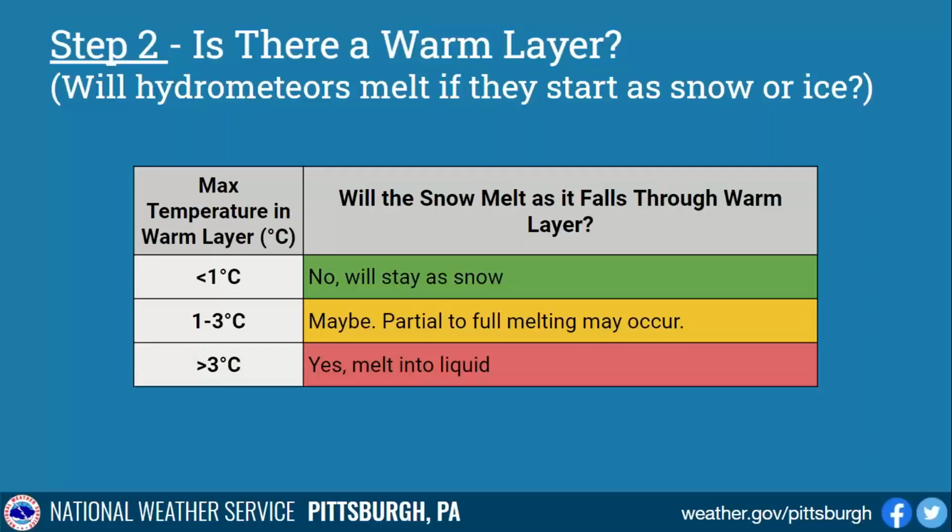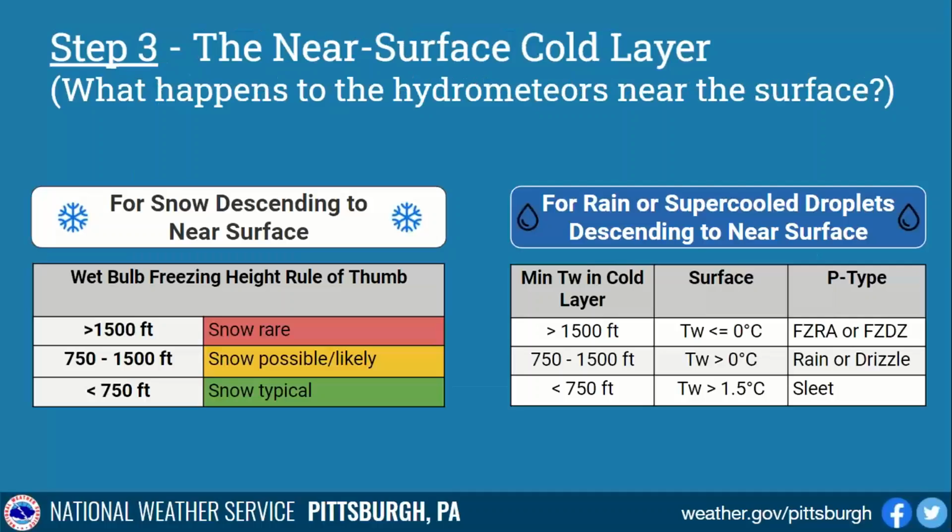That riming takes place, and you could start to have some mixed precipitation. But by and large, a solid snowflake will continue to descend towards the surface. If we're greater than 3 degrees Celsius, we anticipate the hydrometeor to melt into all liquid. So think of your thick warm layers in the atmosphere.